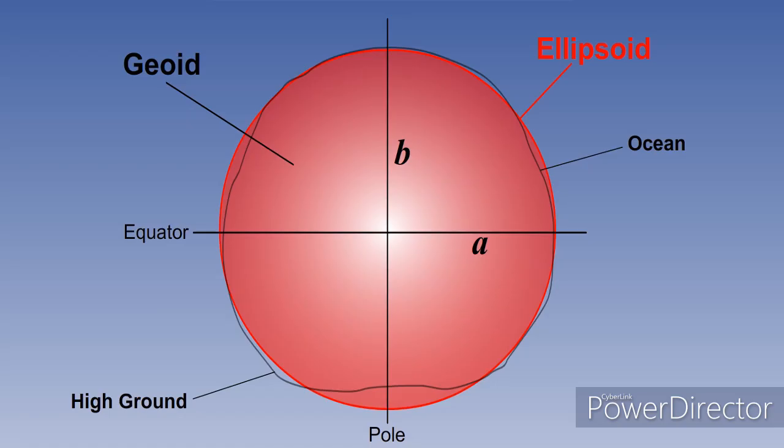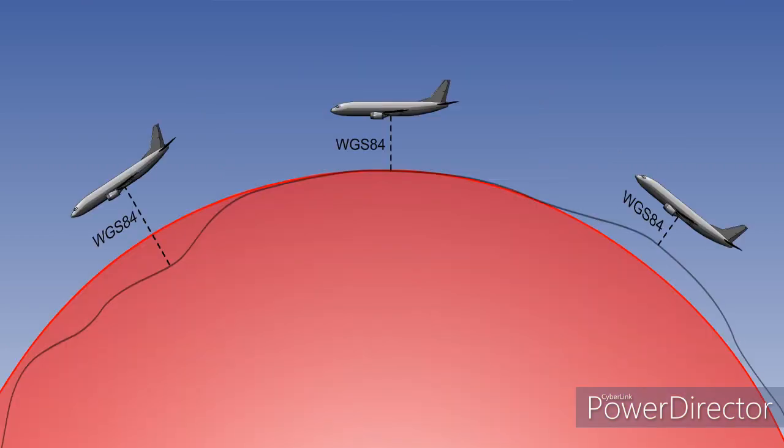So, mean sea level will not necessarily coincide with the surface of the ellipsoid. Hence, the vertical information provided by any system reference to this model cannot be used in isolation for vertical positioning, except when in medium or high-level cruise with all aircraft using the GNSS reference data.